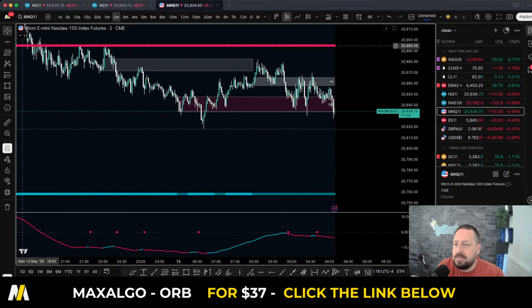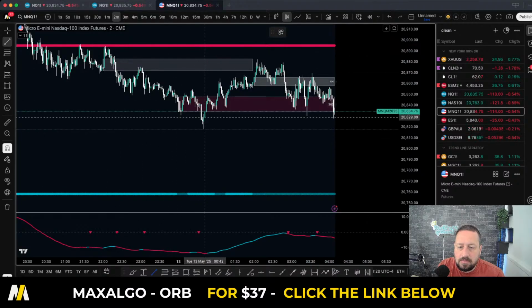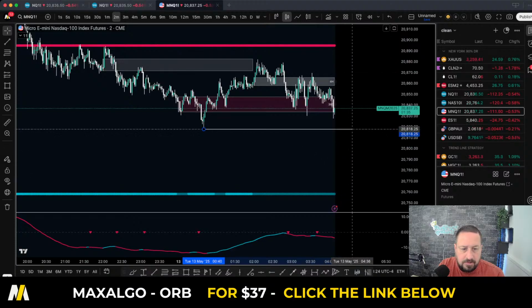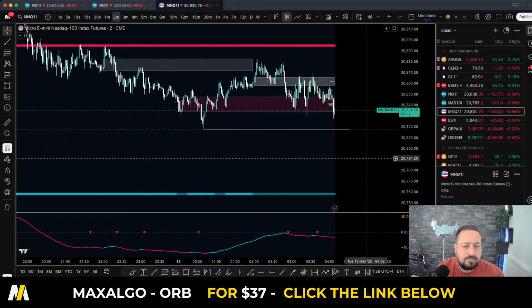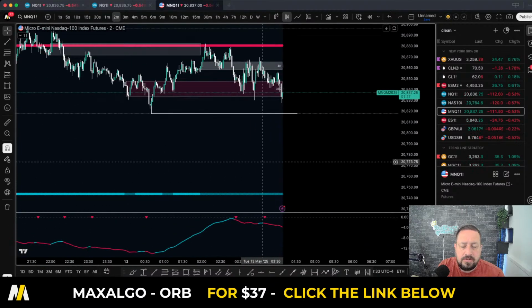So ideally, I'd like to see a close below here. Switch the 6 hour. We are looking nice and bearish.